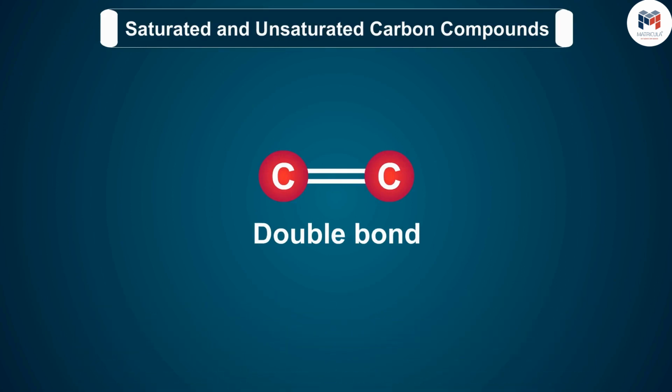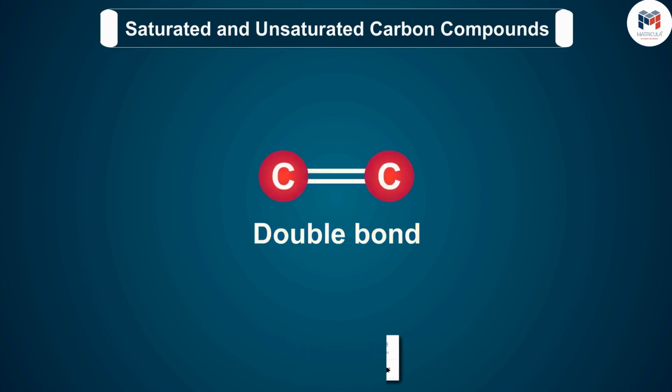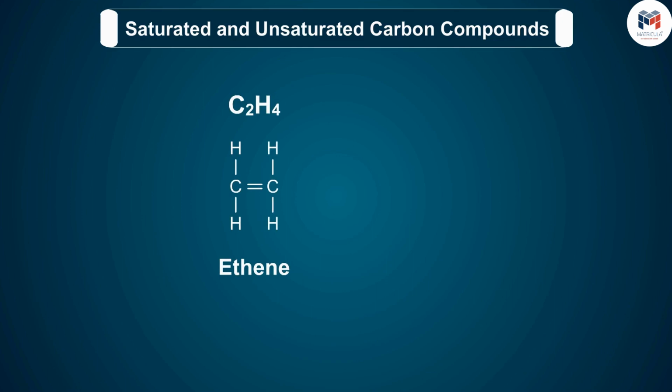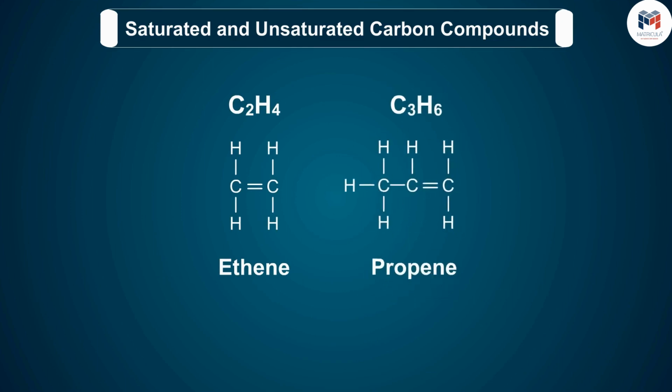So, these alkenes contain a double bond between two carbon atoms, which is formed by the sharing of two pairs of electrons. Ethene, C2H4, and propene, C3H6, are two alkenes. Why? Because they contain a double bond between the two carbon atoms.